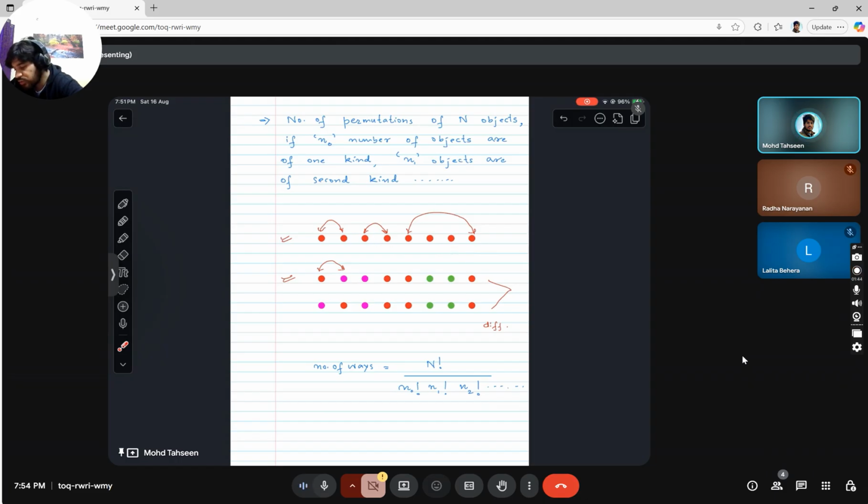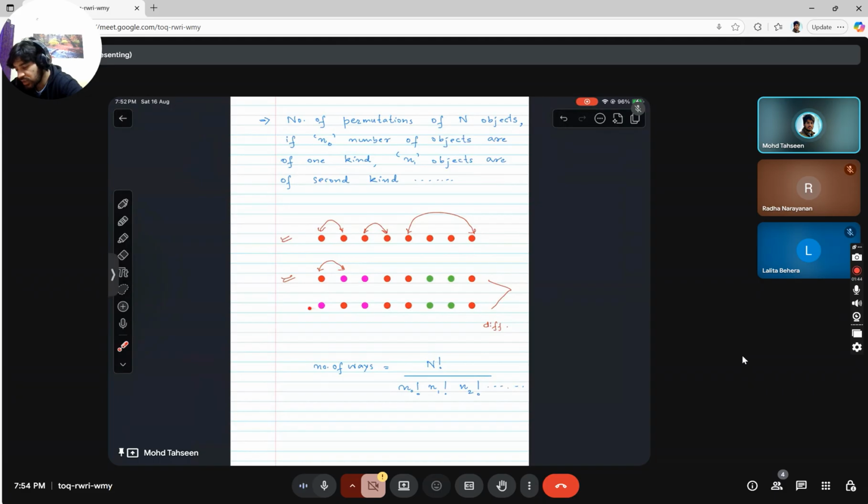Now if two of them are the same, let's say the number of particles of one kind is n0, we can internally permute them in such a way that the system does not change, right.